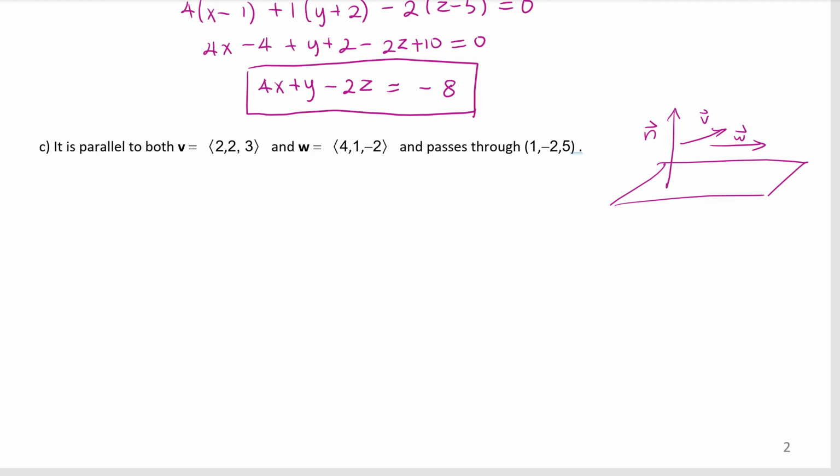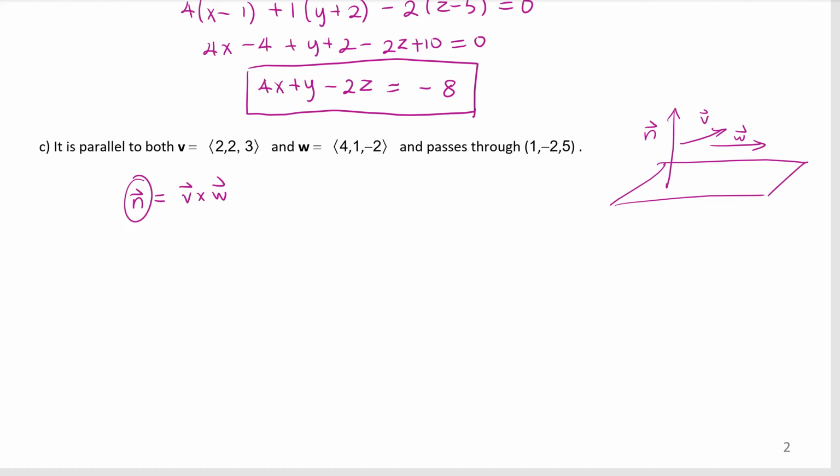The normal vector is orthogonal to V and is orthogonal to W. Can you find a vector that is orthogonal to V and W? Any guess? Cross product. Yes. So we can pick n to be the cross product.